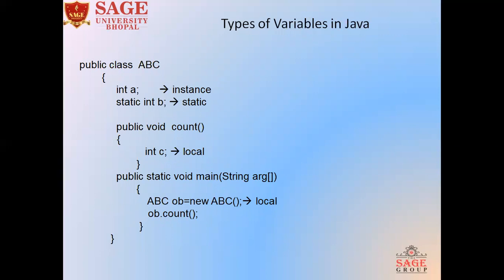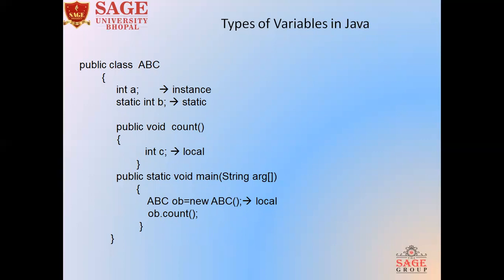We have two methods, one is static and one is non-static. The non-static method name is count, and the static method name is main. In the static and non-static methods, we are creating two local variables, named C and OB. C is declared inside count and OB is declared inside the main method.